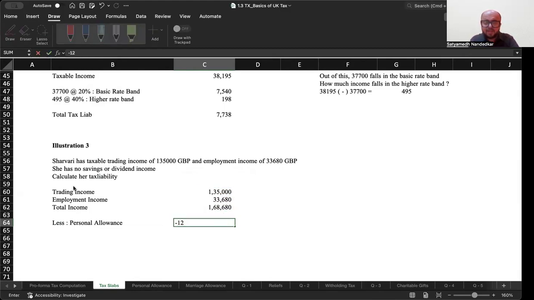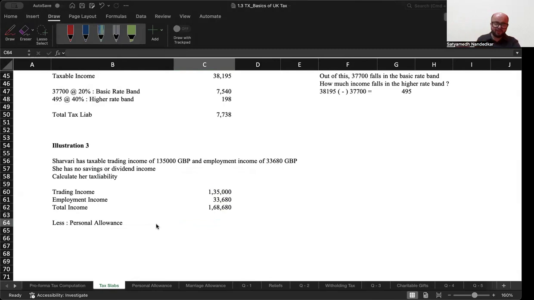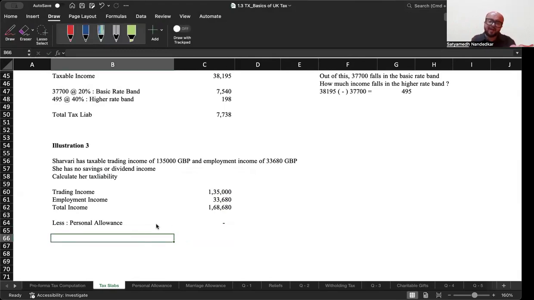Personal allowance. There is a concept called reduction of personal allowance, which I will explain to you in the next 5 minutes. Right now, just accept the fact that at this income level, personal allowance is zero. Why that is so, I will tell you later, I'm promising. Right now, just take this as a fact of life.